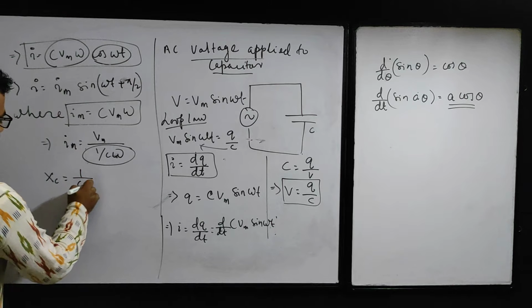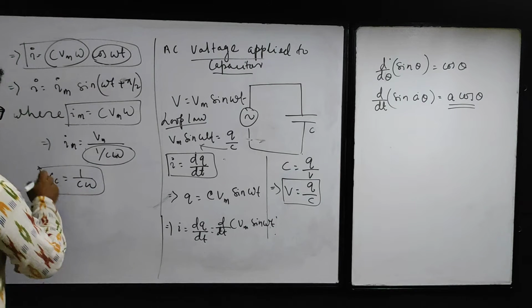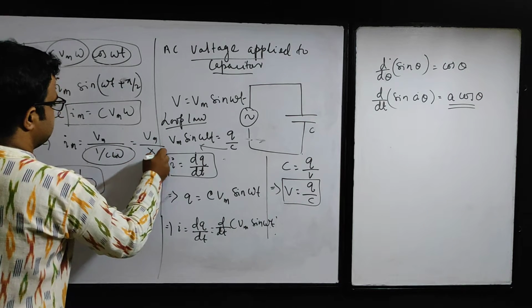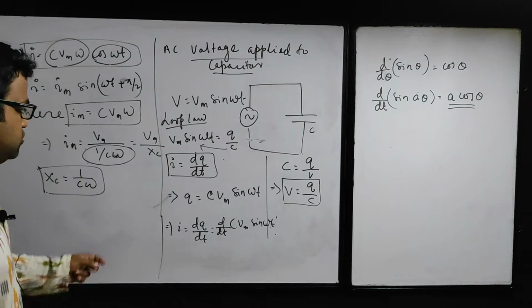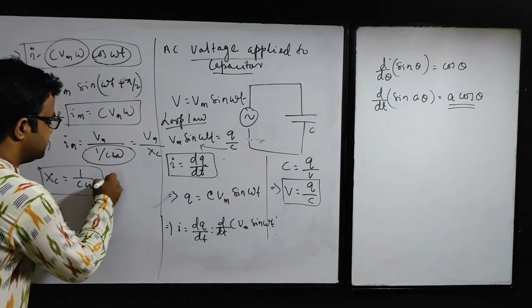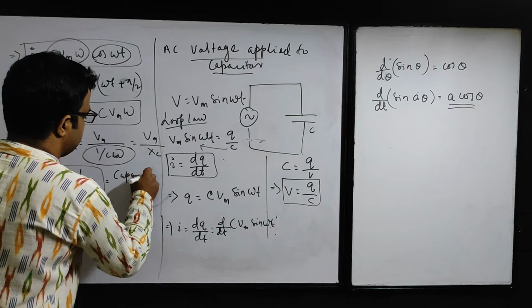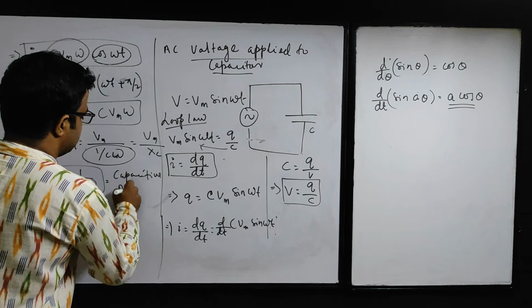So Xc is 1 upon C omega, and we can write this as Vm by Xc. This Xc is called capacitive reactance.